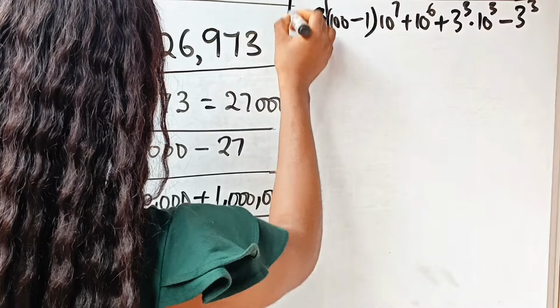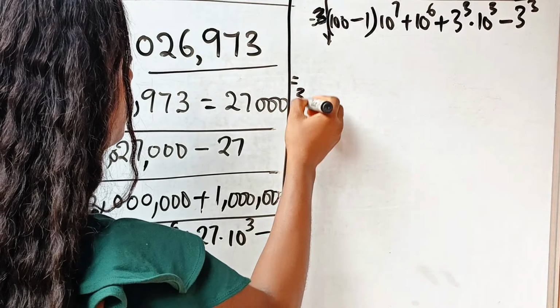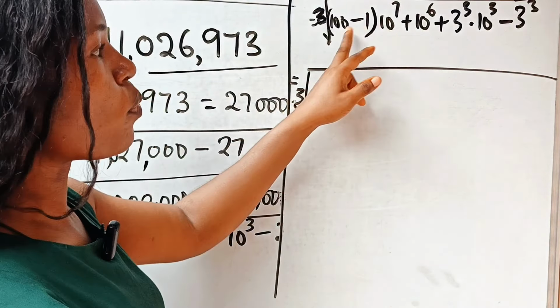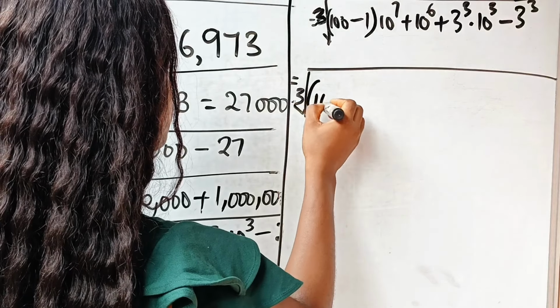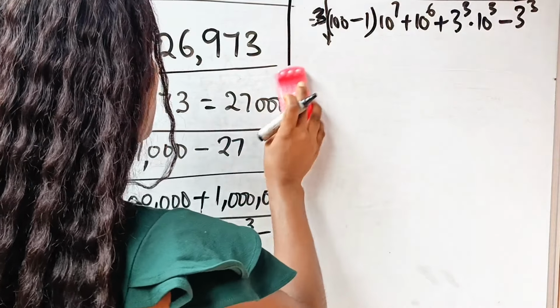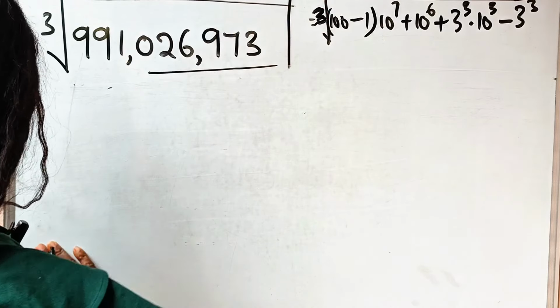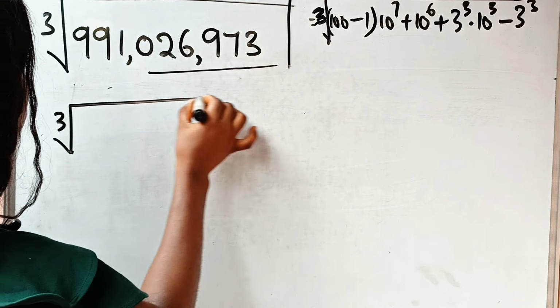Now this is equal to the cube root of, here let's open this bracket. 100 is the same thing as 10 to the power of 2, minus 1. Permit me to clean a lot here so that I can expand my writing. So from here, I'm going to start again.